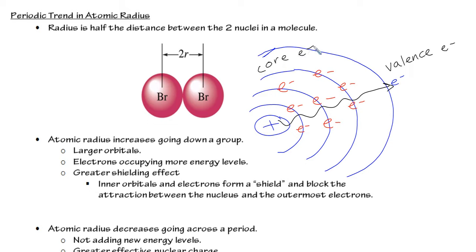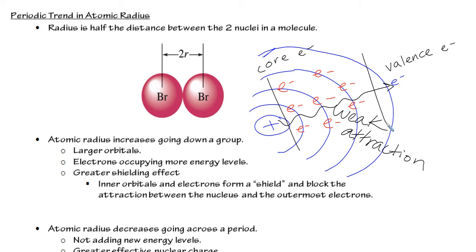So number one, this is a weak attraction, because the electron is just naturally far from the nucleus. But you've also got this junk in the middle. You've got these core electrons that are blocking the attraction between the nucleus and the valence electrons. So it's almost like the core electrons form a shield, and they make it even more difficult for that nucleus to hang on to the outermost valence electrons.